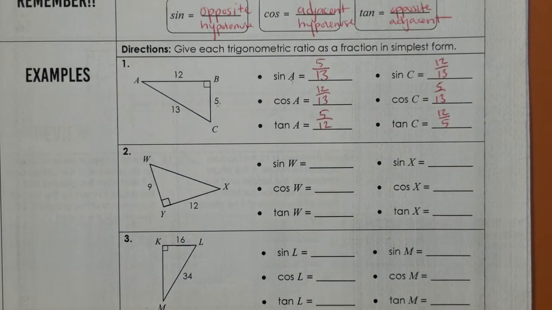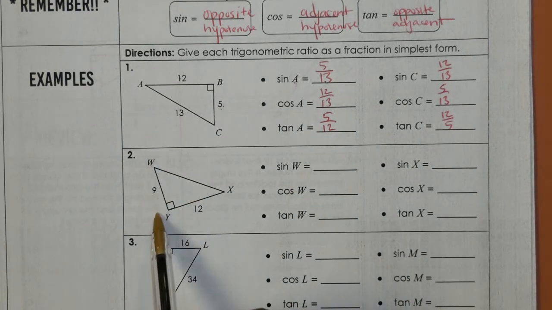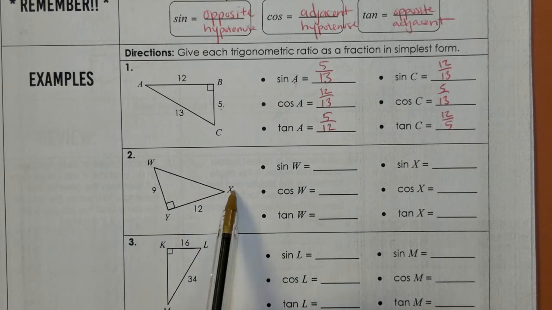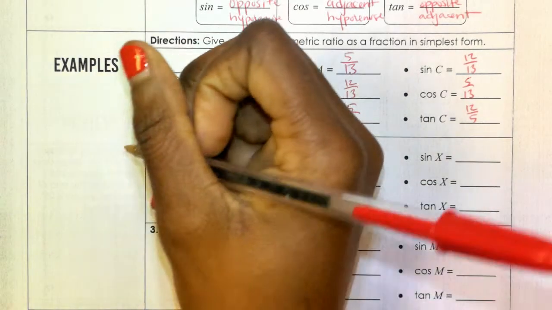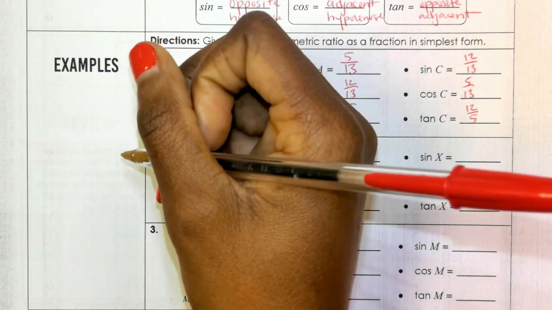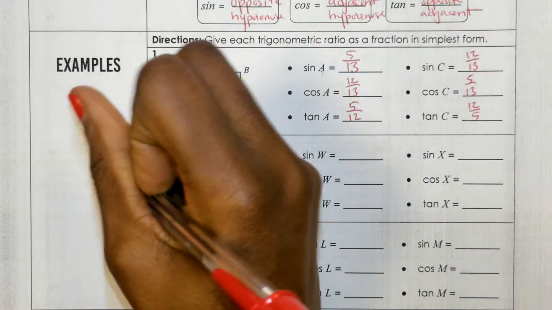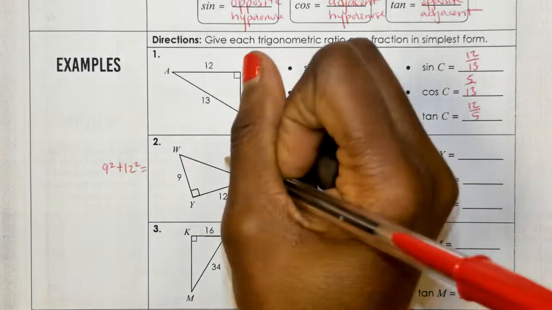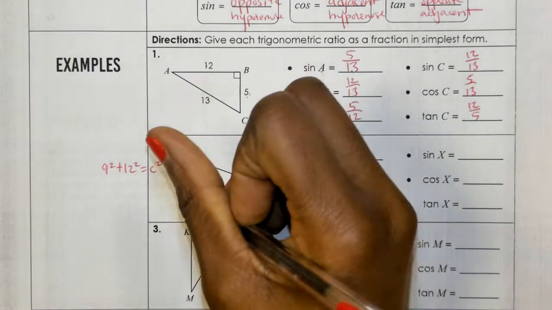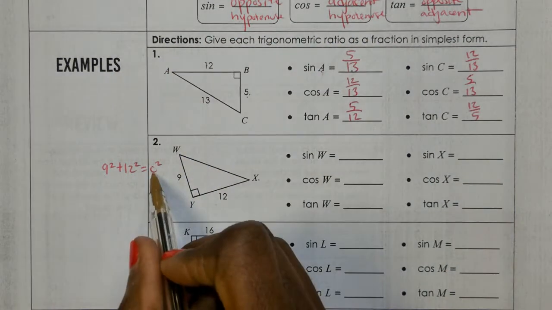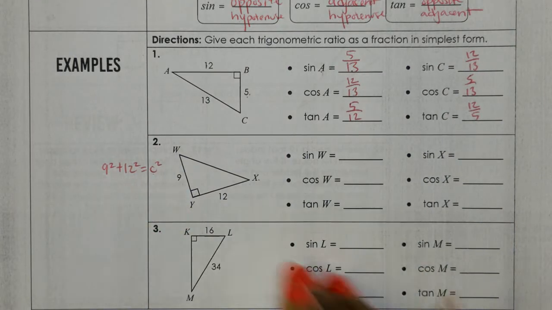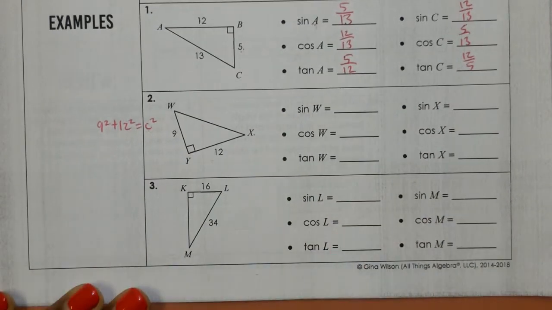Okay, so 2 and 3 are doing the same thing, but you have one extra step because they've only given you two sides, the two legs. They haven't given you the hypotenuse. So we want to go back and review the Pythagorean theorem, which we did earlier in this unit, and solve for x, which is across from the 90, so that's the c of the Pythagorean theorem. You should have mastered that by now, so I'll let you do that.